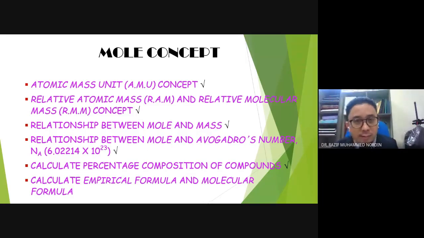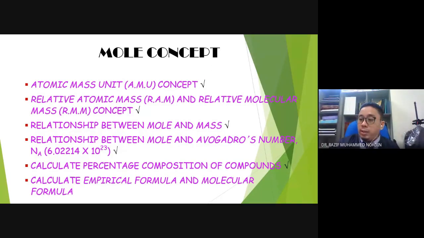When we talk about atom, the more critical part are atomic mass unit, concept, or mole concept, whereby based on atomic mass unit, relative atomic mass, and relative molecular mass, and the relationship between moles and mass, also the relationship between the mole, Avogadro number, and calculate the percentage composition of the compound, and also empirical formula and molecular formula.